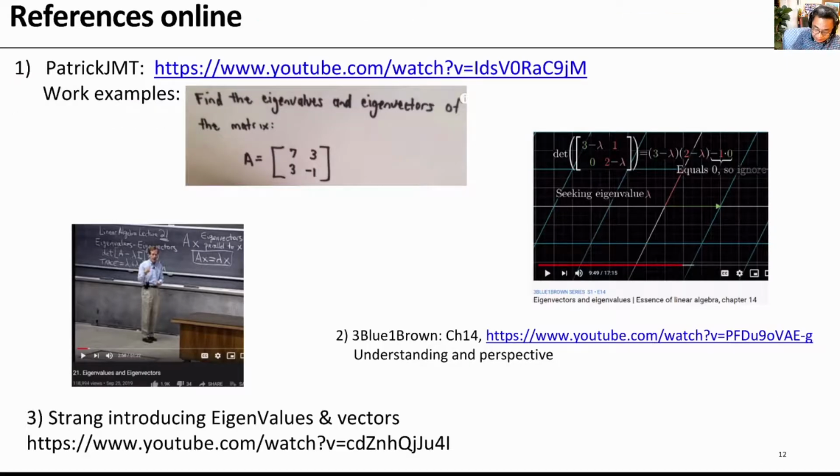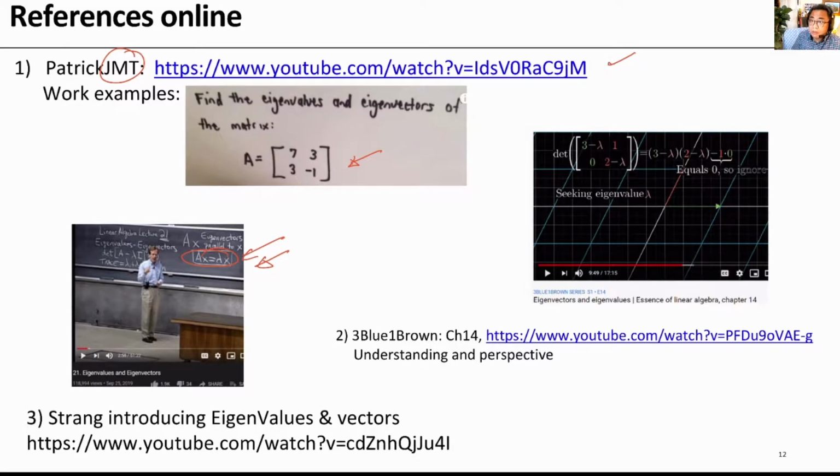Now for practice, I would suggest you look at Patrick JMT. This is the link for simple worked examples of 2 by 2 matrices. You can also look at Strang, introducing the eigenvalue eigenvector problem.